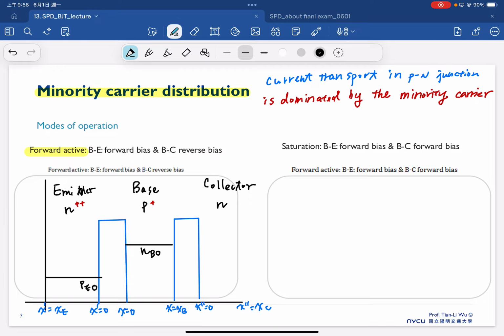And the last one is the N collector, where the hole concentration as a minority carrier, as shown here, is PC0.